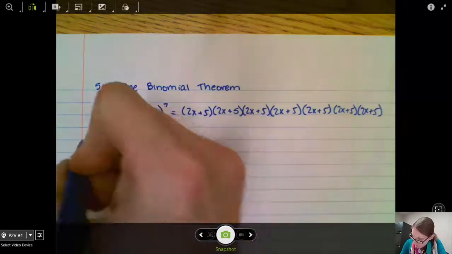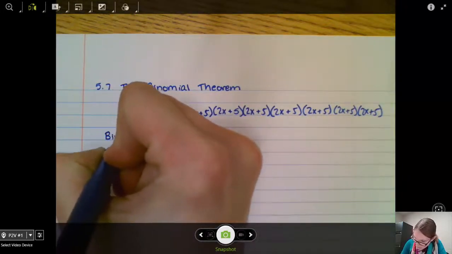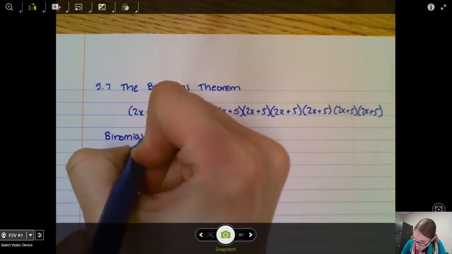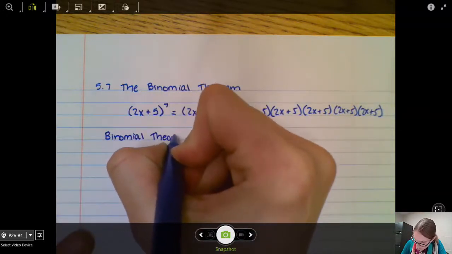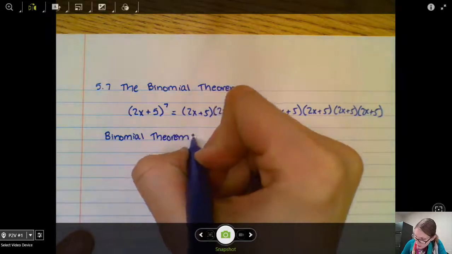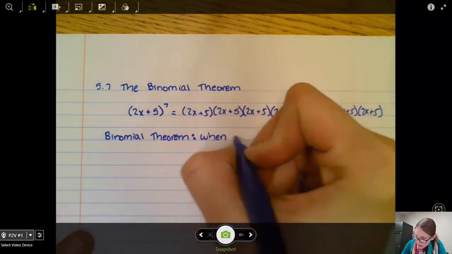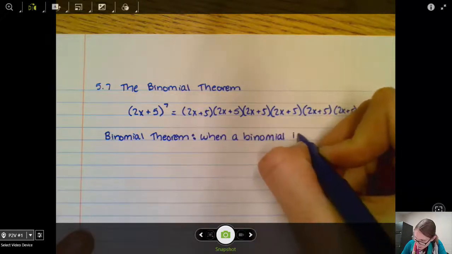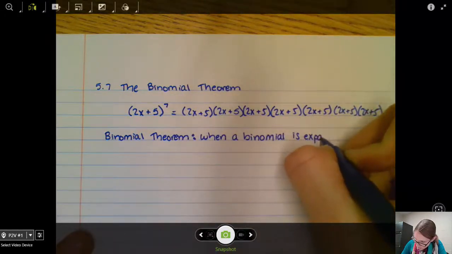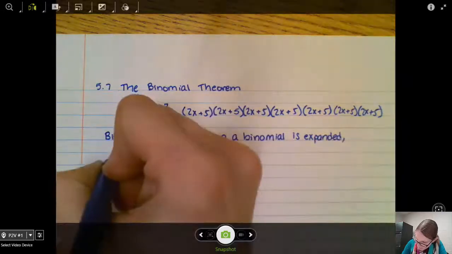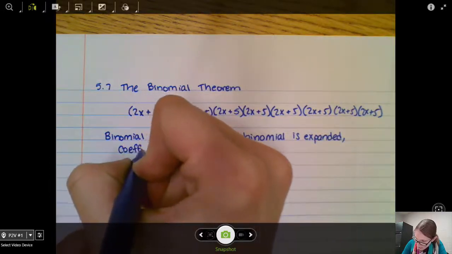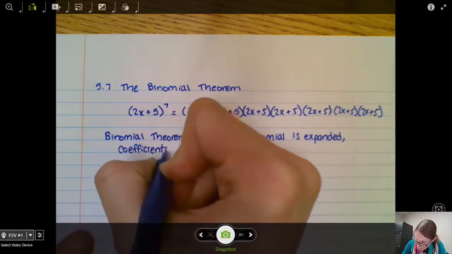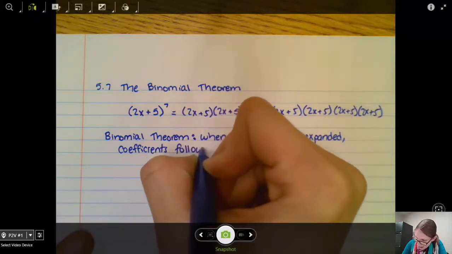The binomial theorem says that when a binomial is expanded, the coefficients follow Pascal's triangle.